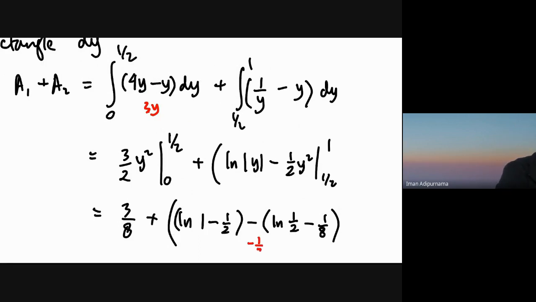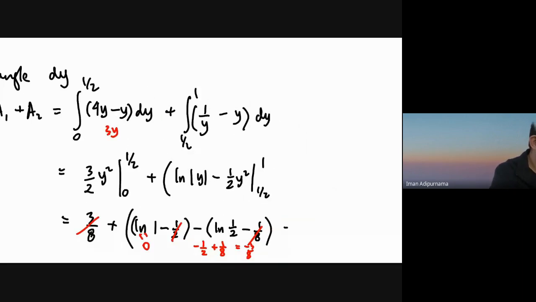So negative half plus 1 over 8. This will be perfectly negative 3 over 8, and we can cancel this. This is 0. So we will have negative ln half, or this is ln 2.